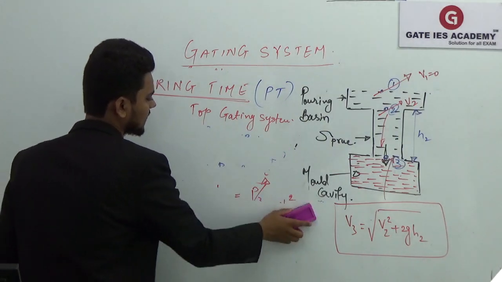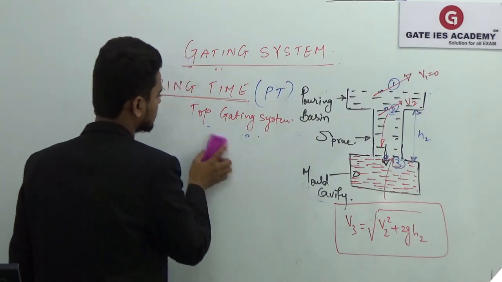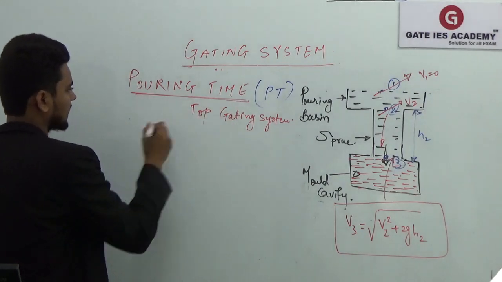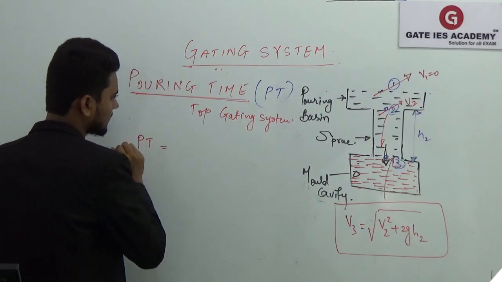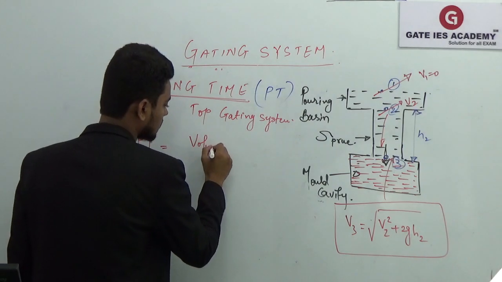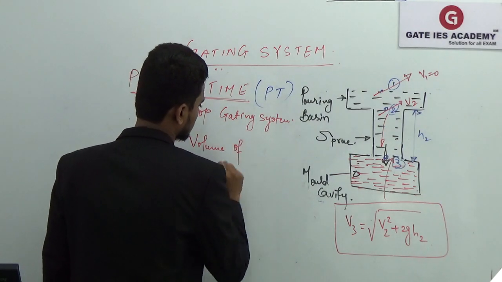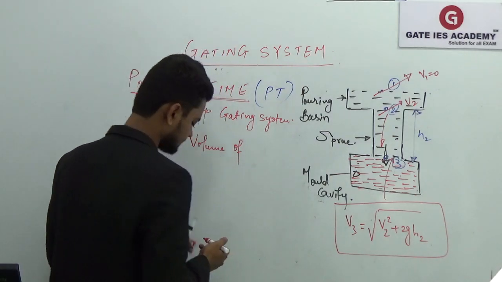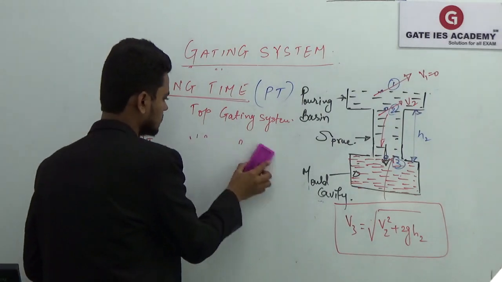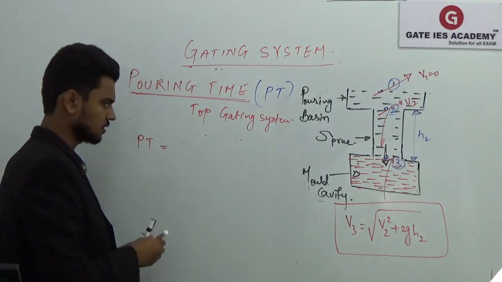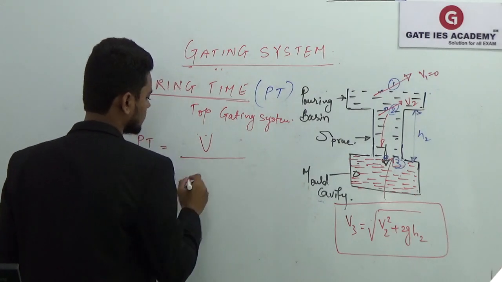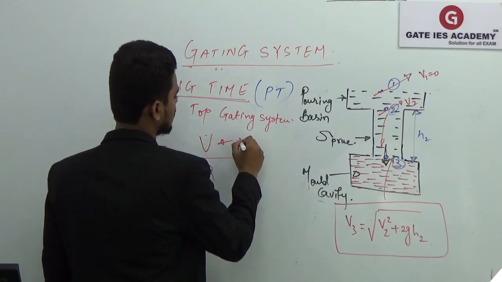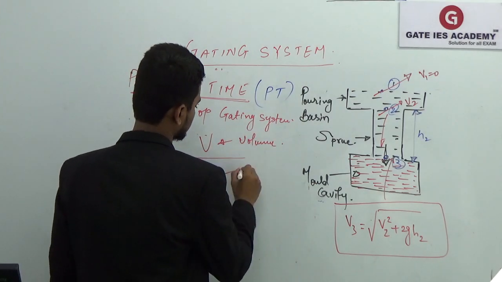The time taken to fill the cavity by using the top gating system, or pouring time, is given by the volume of casting. Or directly I can write volume upon discharge, where V is the volume of the casting and Q is your discharge.